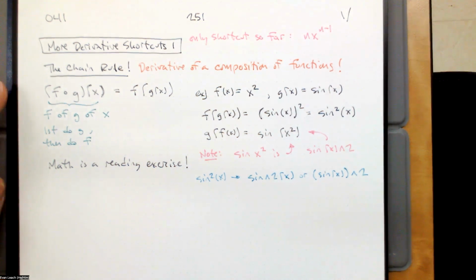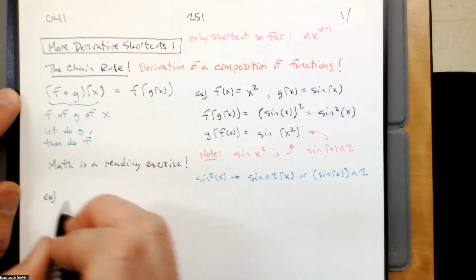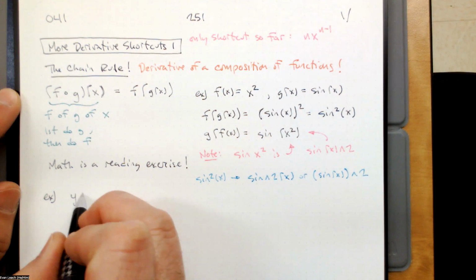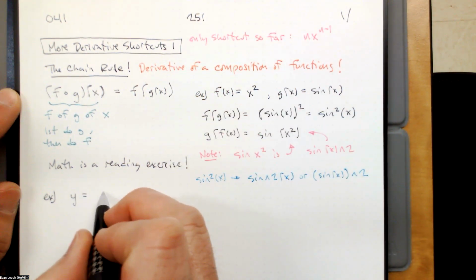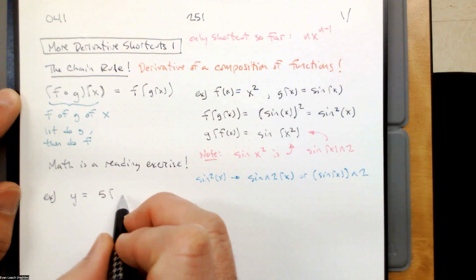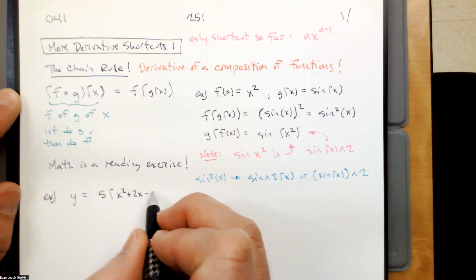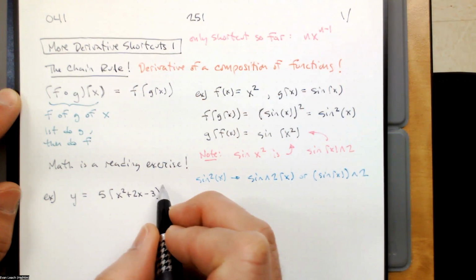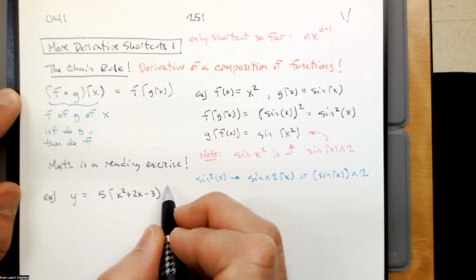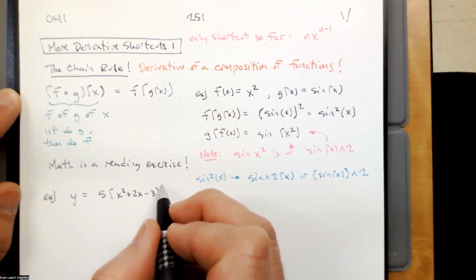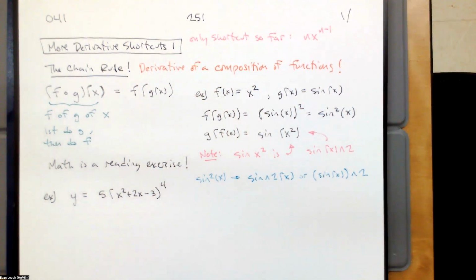So for example, let's suppose that I'm just going to use y to avoid this. 1, 2, 3, I need a 4. I'll use 4. We want to read this as a composition of functions.